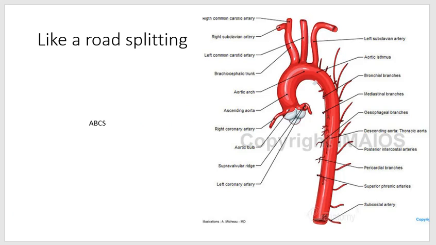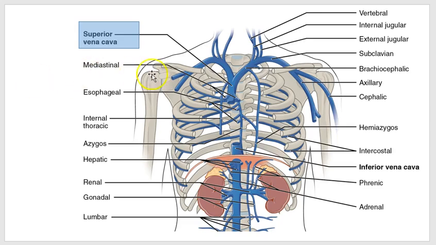So we move over to the veins. Looking at your veins, this last vein before it enters the heart is going to be your superior vena cava. The superior vena cava is draining all the blood from the upper limbs and the head. And then your inferior down here will be doing the lower part of the body.